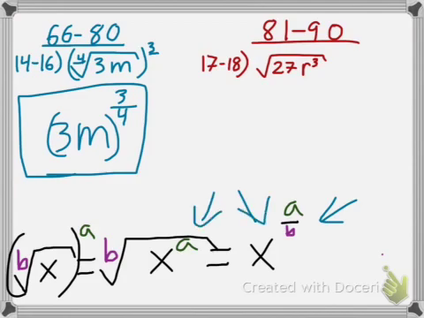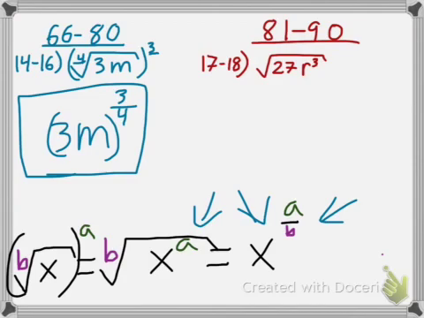Alright, so looking at the last one. Okay, so moving on to the second to last one, problems 17 through 18 on the test, and on the review sheet 81 through 90. This one asks us to simplify this expression.